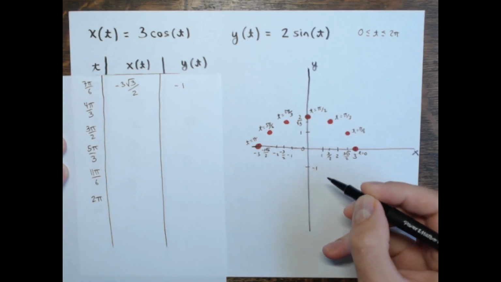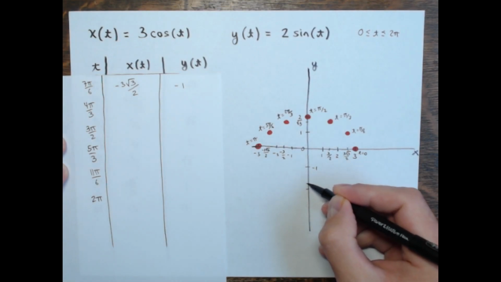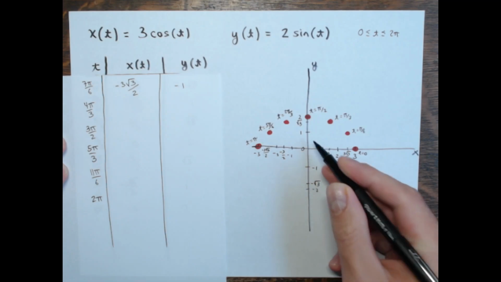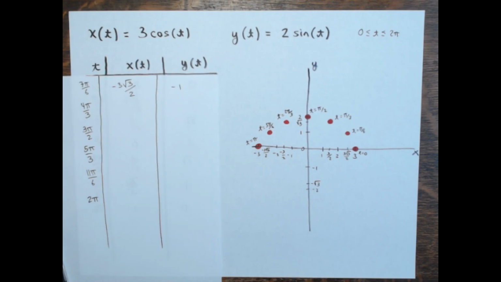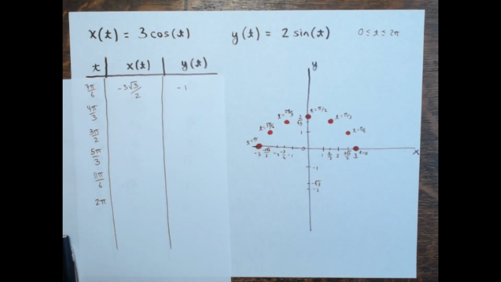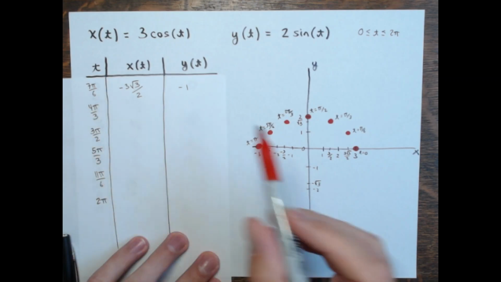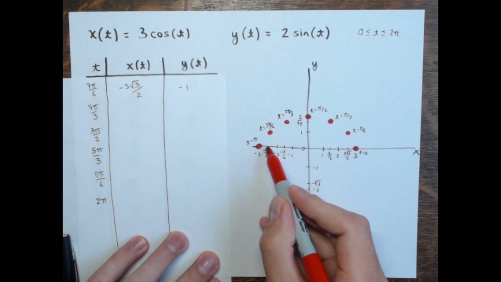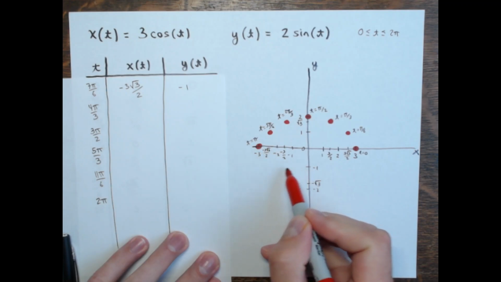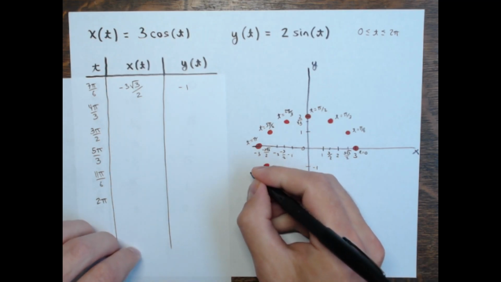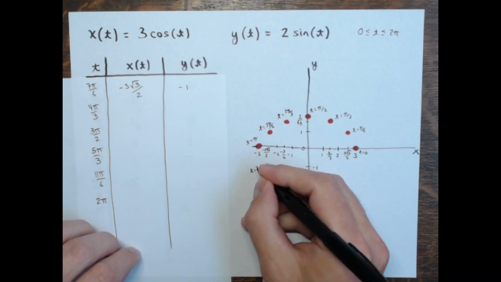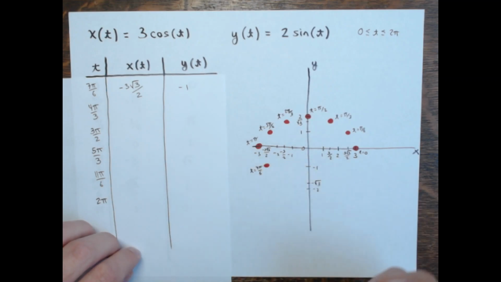So when t is 7 pi over 6, we're at negative 3 root 3 over 2, negative 1. So that location. I'll keep labeling the values of t. This is when t equals 7 pi over 6.